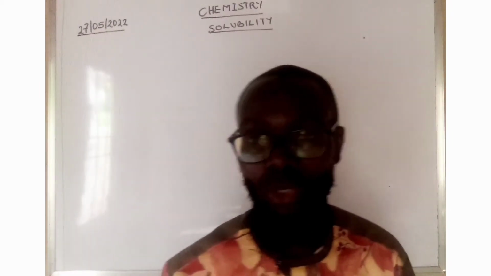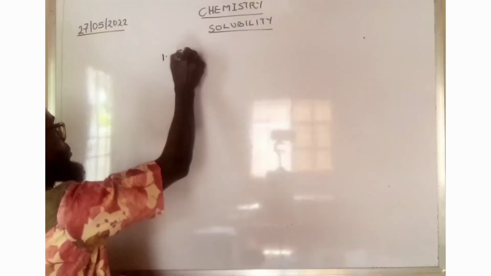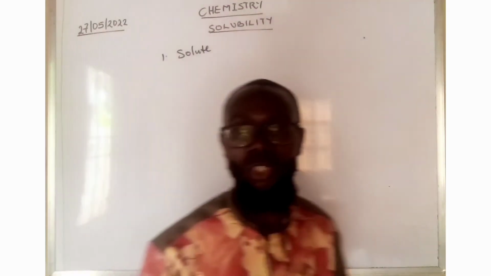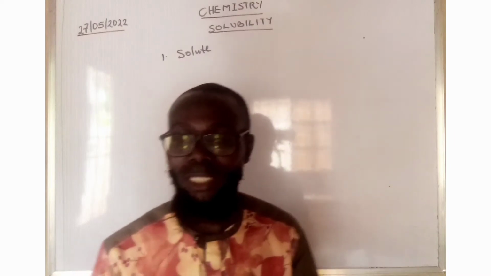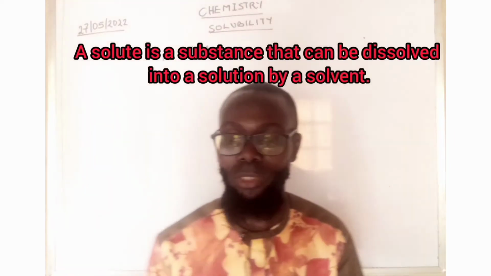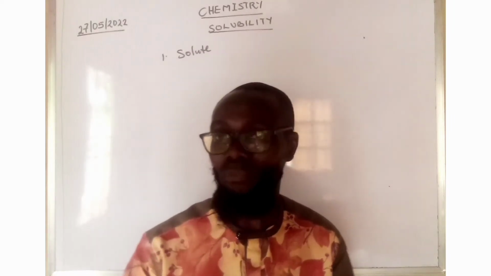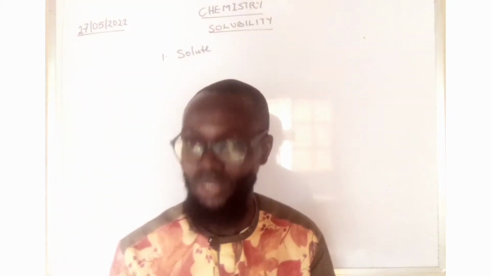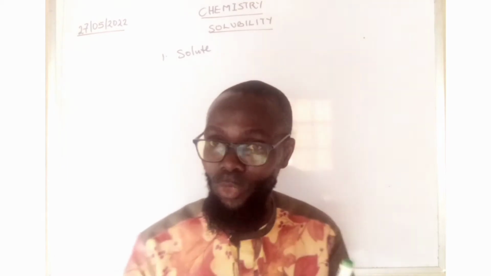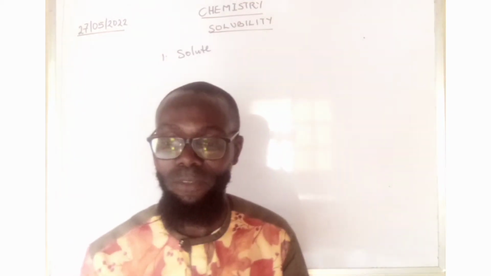The first one we talked about is a solute. A solute is a substance that can be dissolved into a solution by a solvent. A solute, majorly, is in the form of a solid, but sometimes it can be a liquid or a gas.